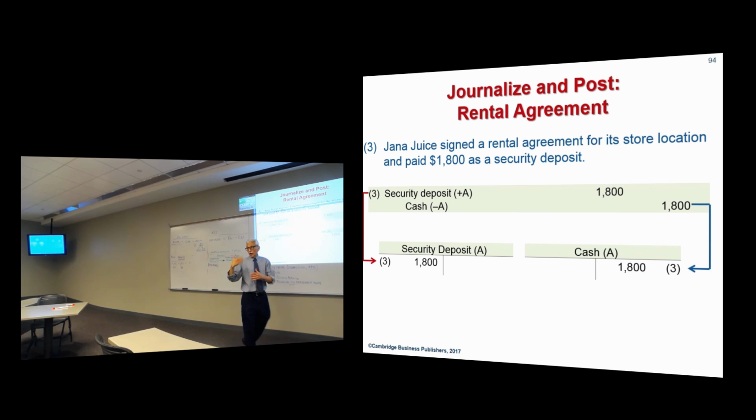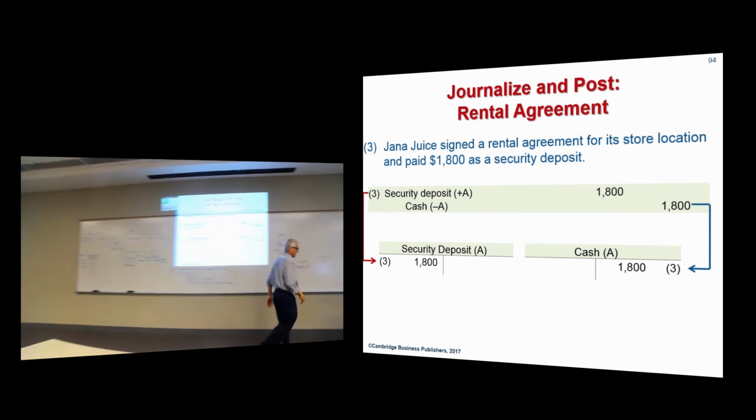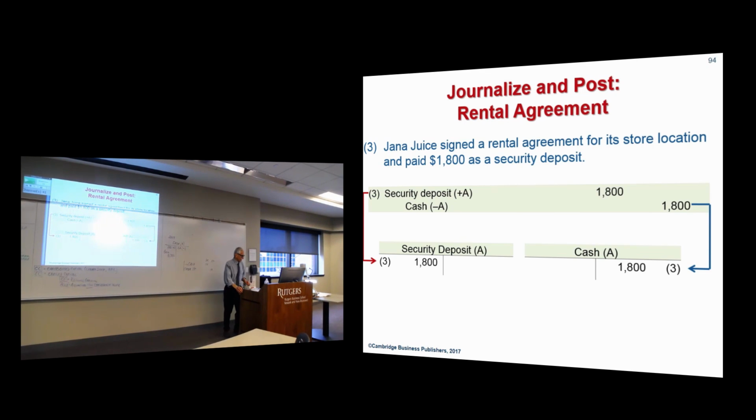Let's go through that and see what would happen. Let's assume that we had a problem. The store got damaged, and the landlord says, look, I'm going to take $1,000 this month. What would happen? Well, let's say we take the whole thing.